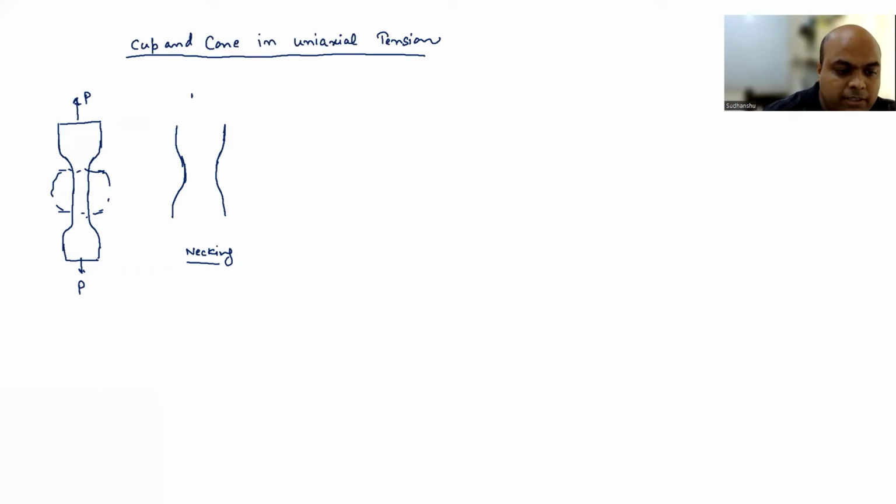You are going to see void nucleation here. You have taken commercial alloys, you have a number of inclusions or second phase particles, you are doing a uniaxial tensile test, voids are going to nucleate, right? We have discussed that at the locations of second phase particles. So these voids now are going to grow and they are going to coalesce. So you are going to form a cavity, something like this.